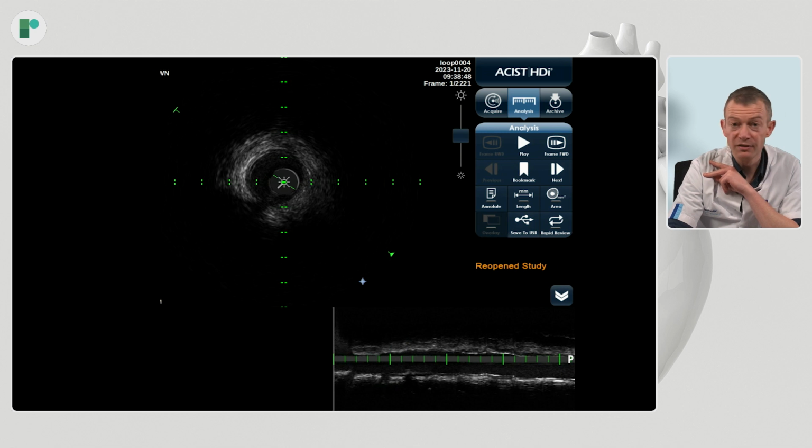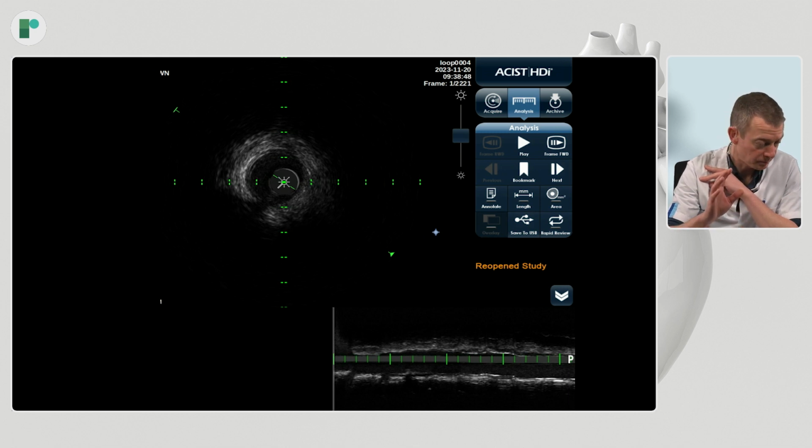So, post-PCI pullback. So now we landed at IVUS step number 3. The post-PCI assessment. The stent is in, the IVUS catheter is in, and you start by your post-PCI assessment, which we also always do in a standardized way. Don't do manual pullbacks, just position the catheter in a healthy reference frame distal to the stent, at least 5 millimeter distal to the stent edge.